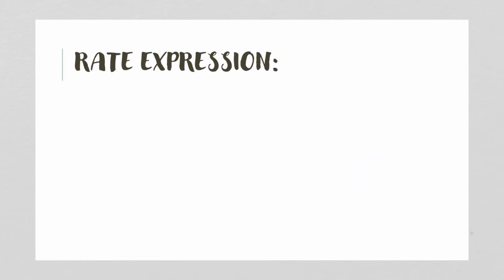So now we can write the rate expression. So rate would be equal to K, we don't know what our rate constant is yet, times the concentration of OCl minus to the power of 1. I'm not going to write the 1 because it's implied if you just write that, and then times I minus. So that's our rate expression.